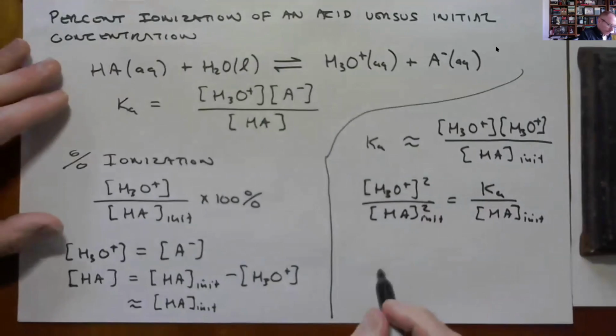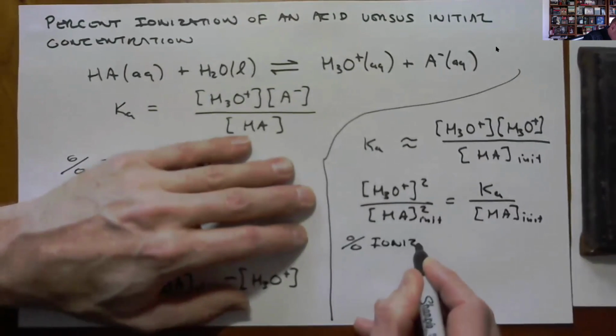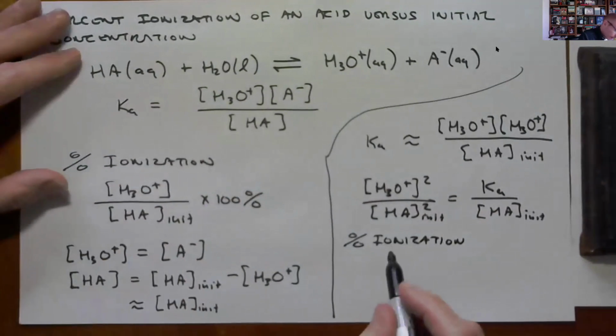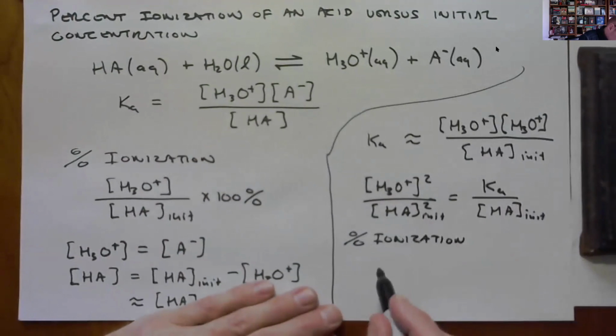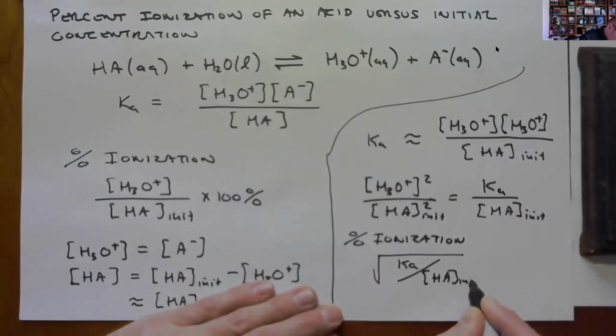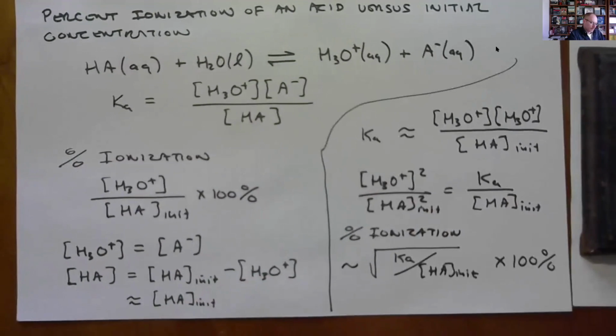In other words, percent ionization, when it's small, so in the limit that percent ionization goes to 0, we have established this expression, namely, percent ionization is going to be equal to the square root of Ka over the initial acid concentration times 100%. In other words, this becomes approximate.